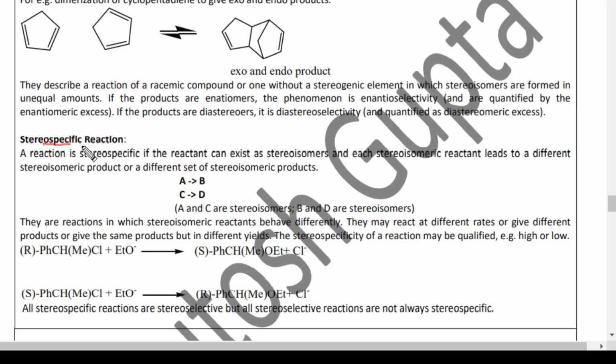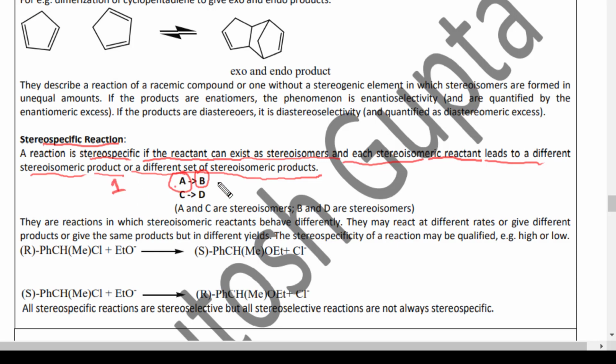Coming to stereospecific reactions, a reaction is stereospecific if the reactant can exist as stereoisomers and each stereoisomeric reactant leads to a different stereoisomeric product or a different set of stereoisomeric products. So here we are going to get only one stereoisomer.